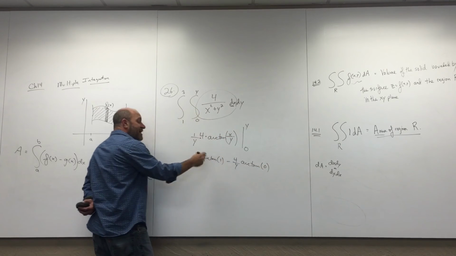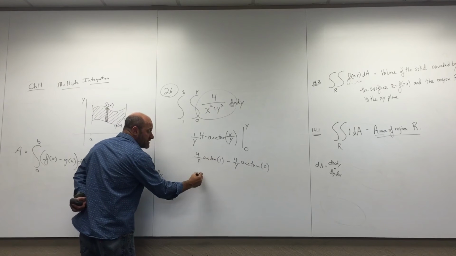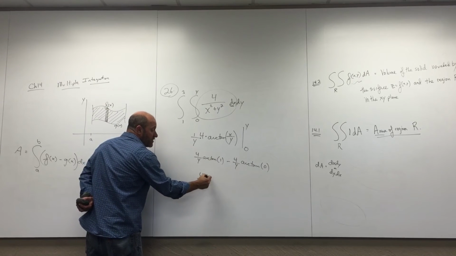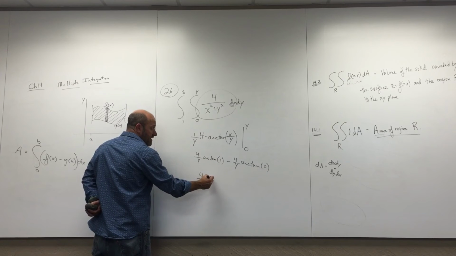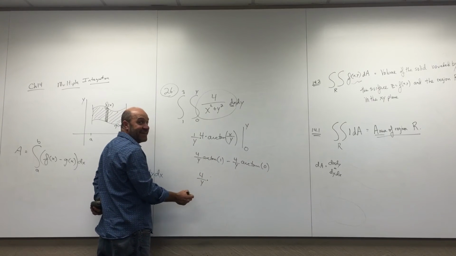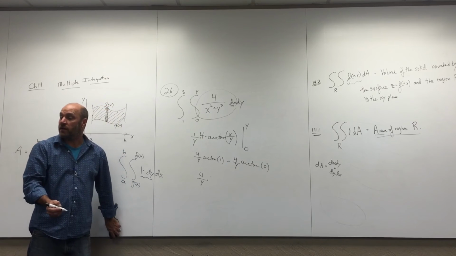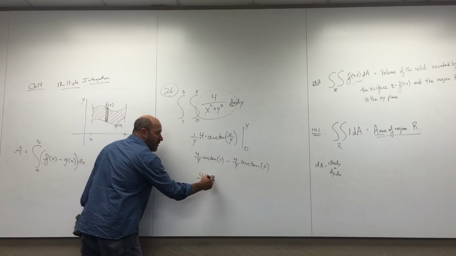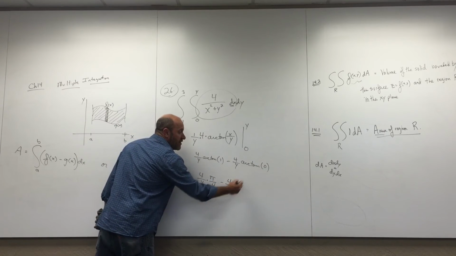All right, well, I should be able to handle this, you guys. The arctangent of 1 is very famous. It's a famous angle. What angle is it? 45 degrees. Yeah, 45 degrees. Arctangent of 1 is 45 degrees. I'm going to call it pi over 4. You know what the arctangent of 0 is?